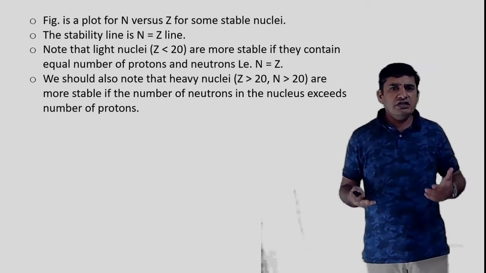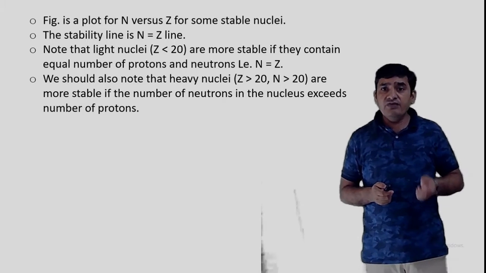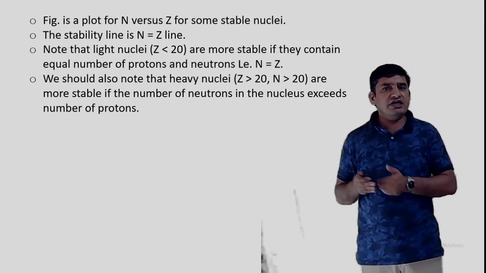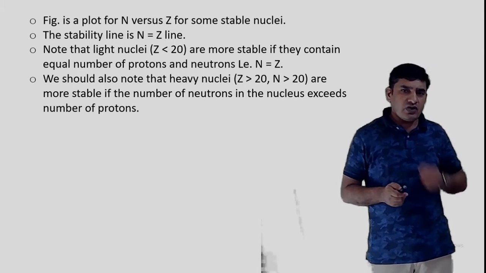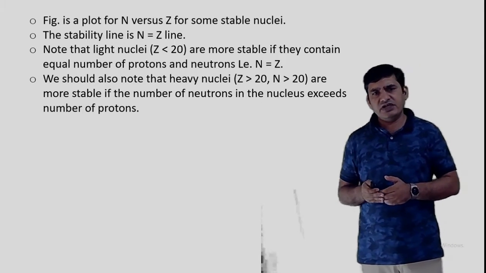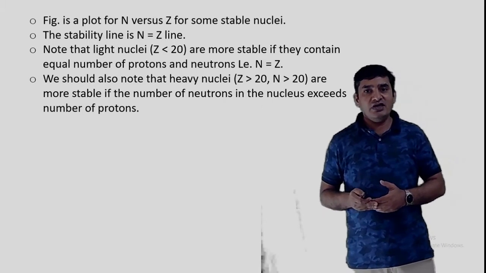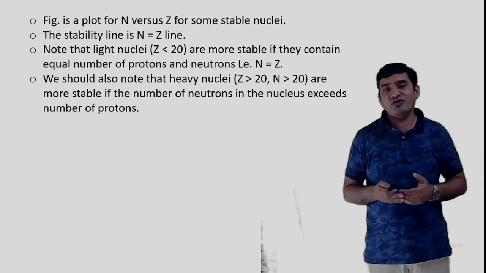We also note that heavier nuclei, with atomic number greater than 20 and neutron number also greater than 20, are more stable if the number of neutrons in the nucleus exceeds the number of protons.